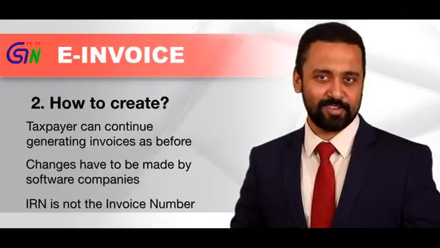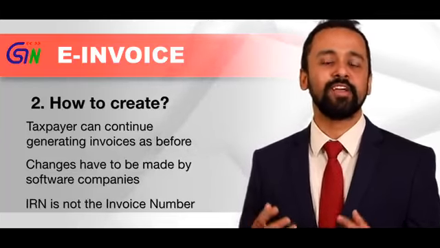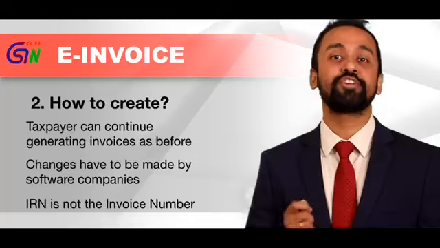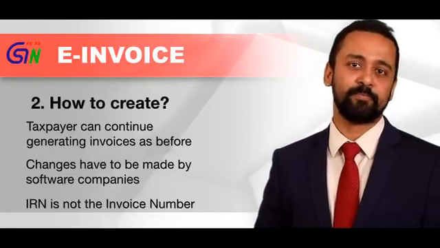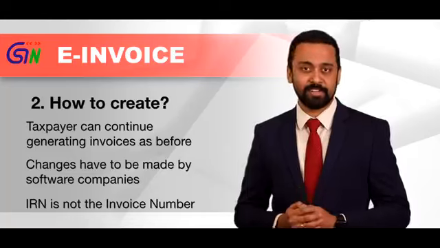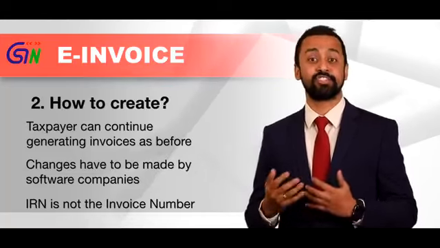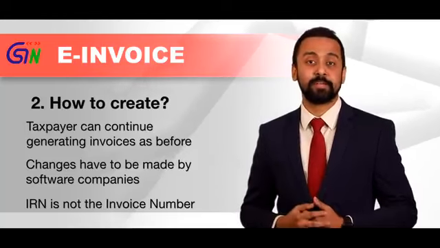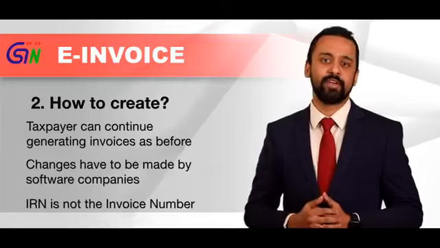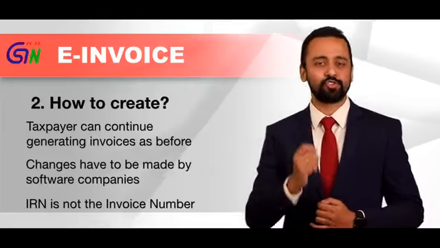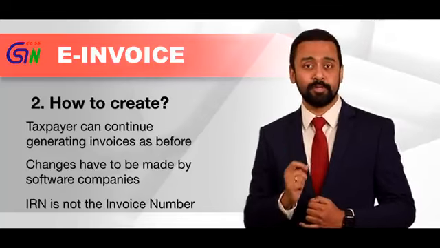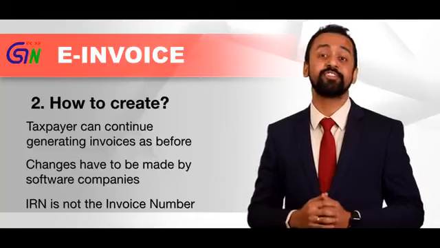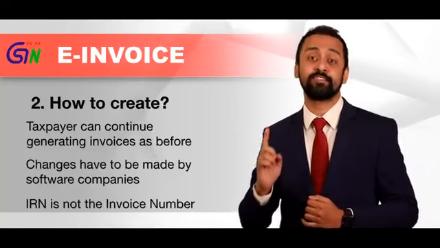The Invoice Registration Portal, or the IRP, will assign the Invoice Reference Number to the invoice, digitally sign it and send it back with a QR code to the billing and accounting software. Now this QR code will contain the IRN and some other basic details like the supplier GST, the buyer GST, the description of goods and services being supplied, the taxable value that is mentioned in the invoice, etc. One point has to be noted, however, that the invoice number with respect to an e-invoice will be the same that the taxpayer has mentioned in the invoice, and not the invoice reference number.